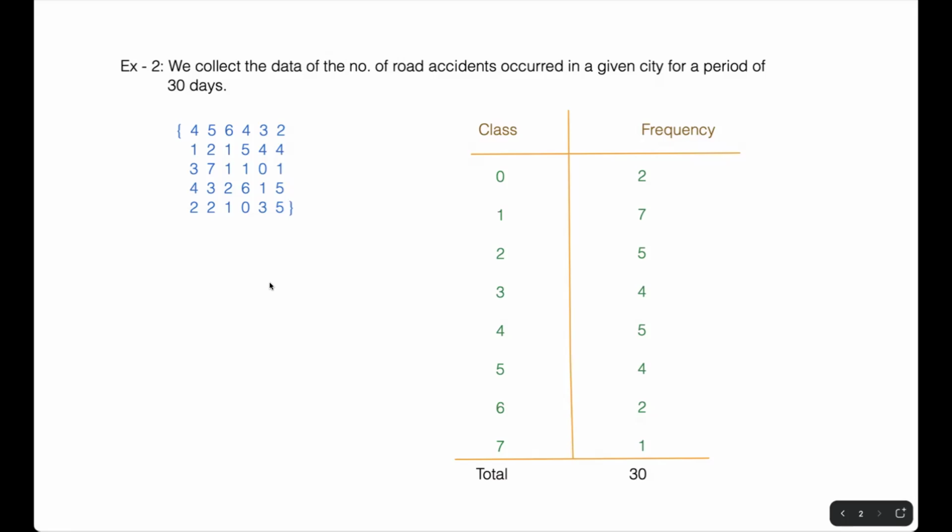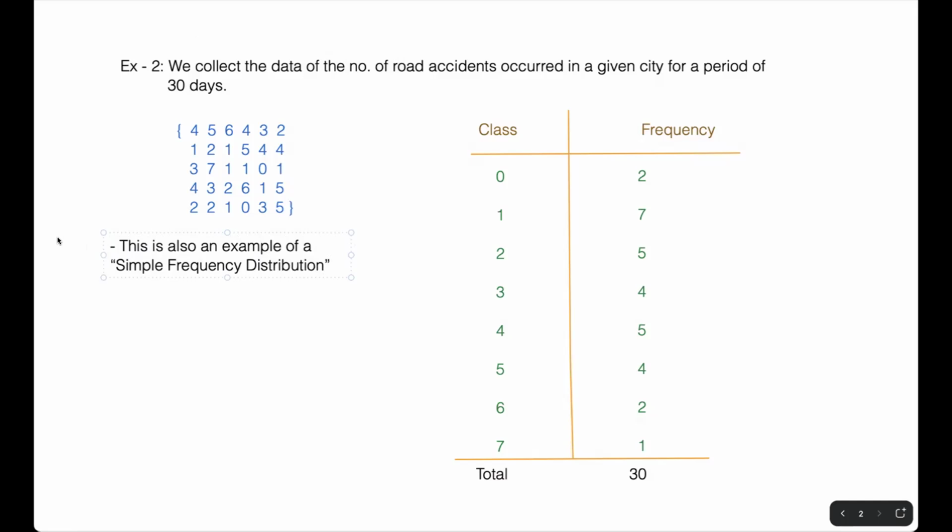So let's write it down here. So this is also an example of a simple frequency distribution.